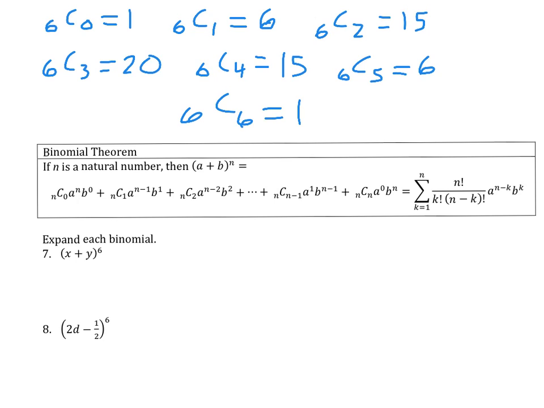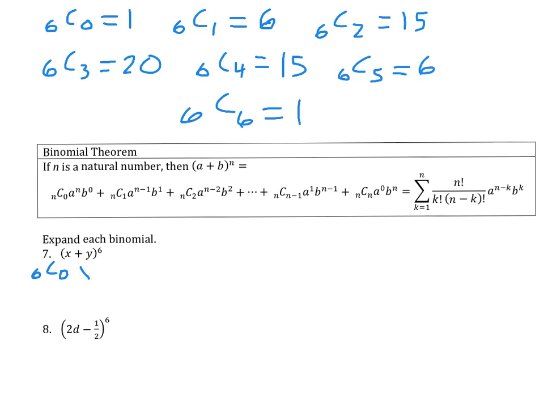Okay, so for number 7, we're going to do 6C0. Whatever the exponent is, it always starts with that on the left of the C, and then a 0 on the right of the C.